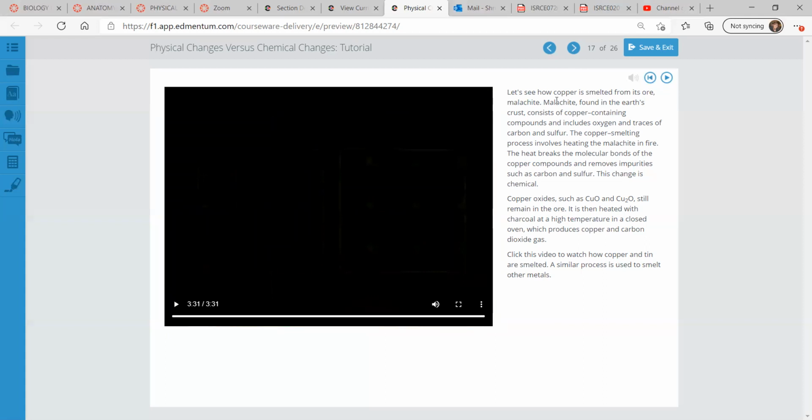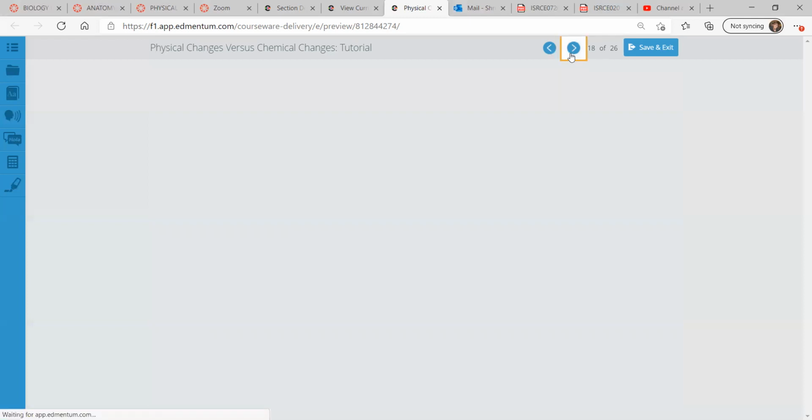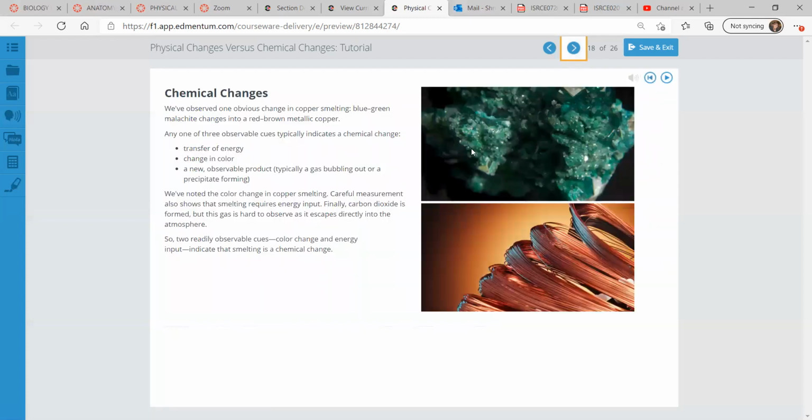You rarely find a pure substance all on its own, and it takes labor and work to derive a pure substance. Chemical changes, well, we just observed one of them with copper smelting. They turn this bluish green malachite into this red brown metallic copper.